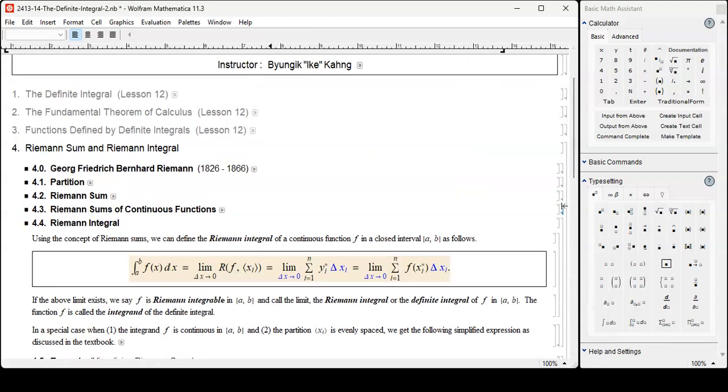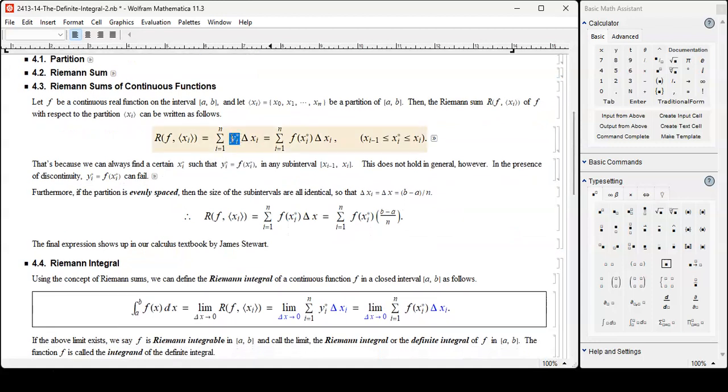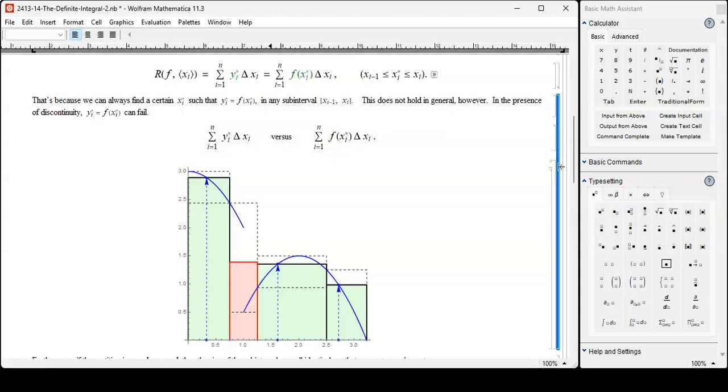Remember this? Riemann sum for continuous function, yi star can be rewritten as f of xi star, as you can see from this visualization.